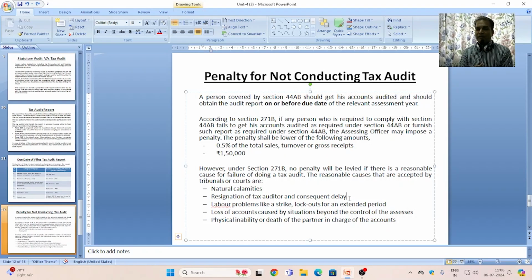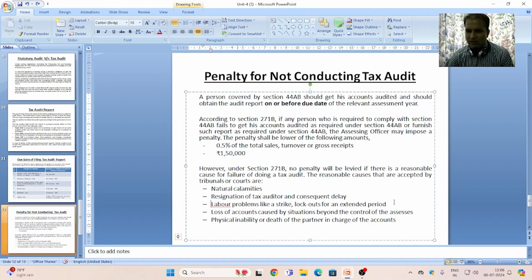This case implies that if the tax auditor of a business has resigned and due to the resignation of the tax auditor, delay is there. Otherwise, the audit would have been completed in time and the report submitted in time. Third point, labor problems like strikes or lockouts for an extended duration or period.